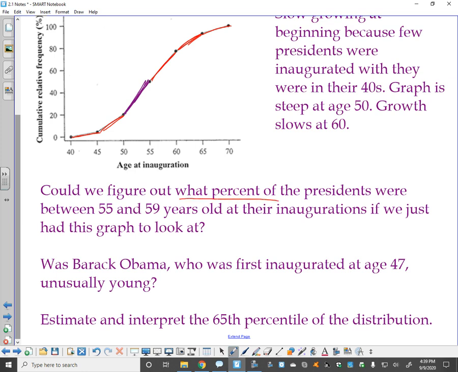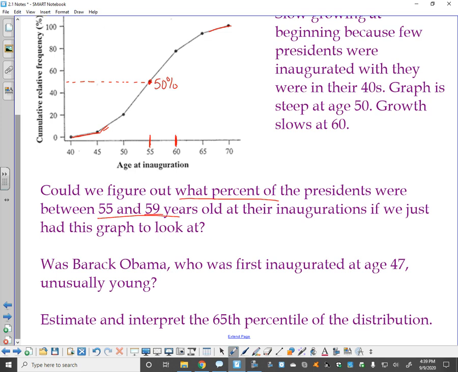So what percent of the presidents were 55 to 59? Okay, at 55, I'm going to say that's about 50%. So I can say that 50% of our presidents were 55 or younger.